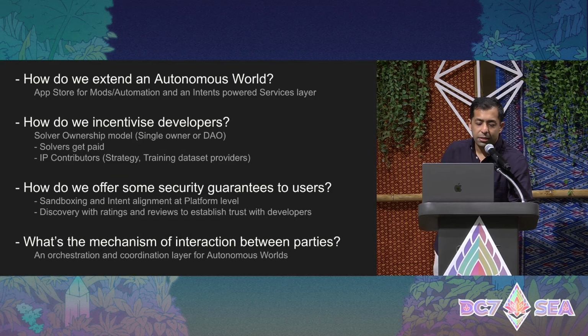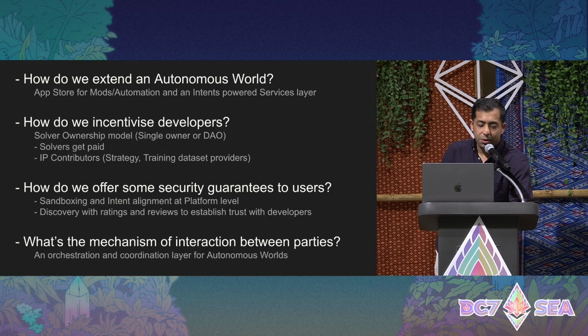So how do we extend an autonomous world? An app store for mods and automation, along with an intent-powered services layer, could be a great start. How do we incentivize developers? We spoke about the solver ownership model with a single owner or a DAO. The solvers would get paid, and then we would have IP contributors, and they all get paid with something like a solver ownership model.